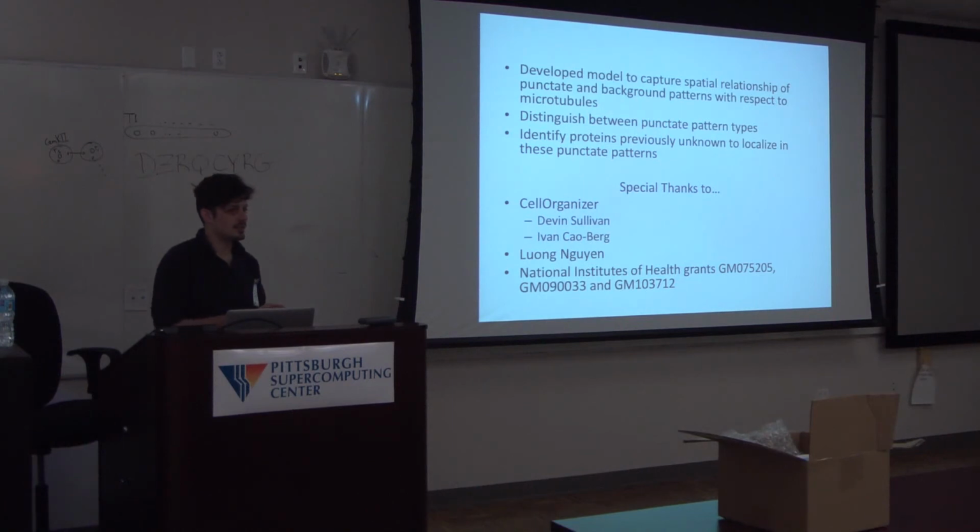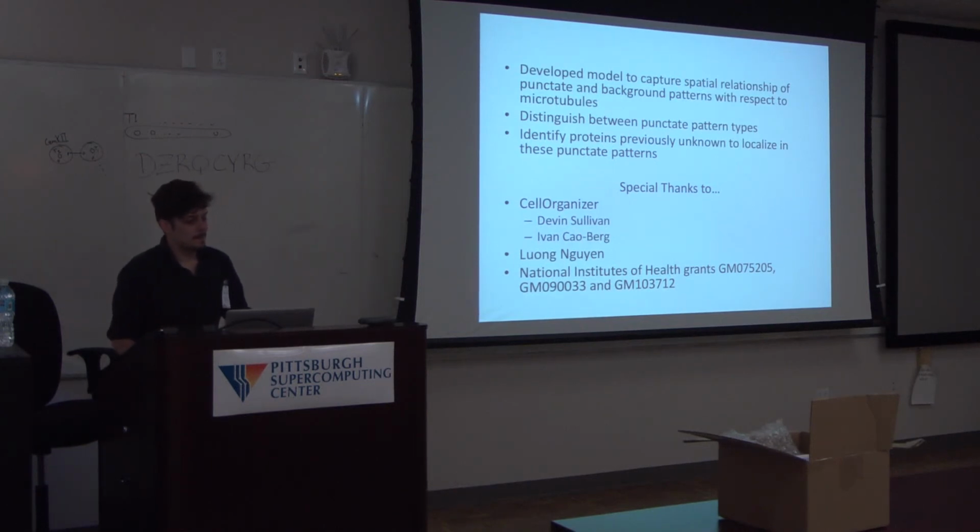And any questions? Yes, Devin. I guess my question is, across the three cell types that you looked at, how often do you see agreement versus disagreement in the subclassification?